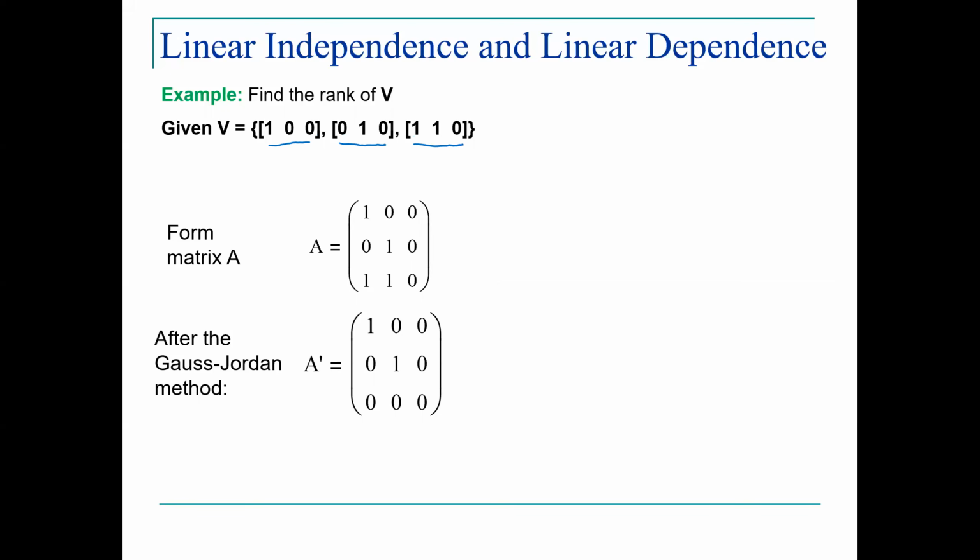Those 3 row vectors form this matrix A. So we want to compute the rank of this matrix A. As discussed in the previous slide, we can apply the Gauss-Jordan method, and then using the final result, which is here, we can determine the rank of the matrix by looking at the number of non-zero rows in this A prime matrix.